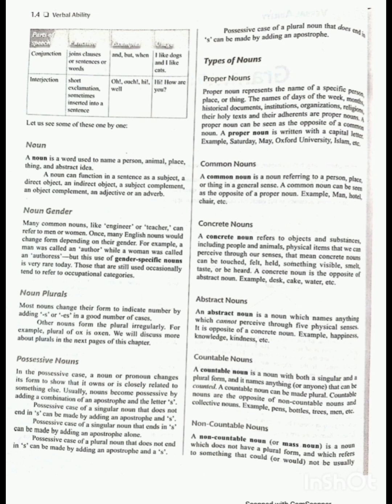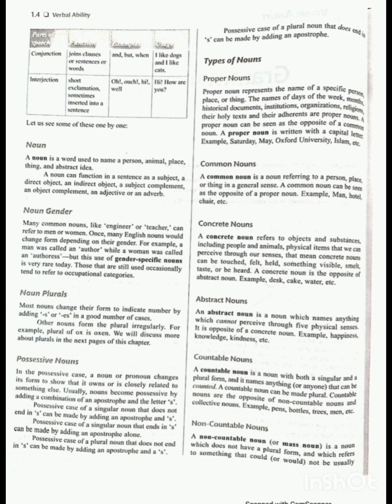Then you have the abstract noun. An abstract noun is a noun that cannot be quantified or measured in a specific number, but it can be approximately stated. Like feelings: happiness, sadness, kindness, knowledge, power. Now the next is the countable noun. What is a countable noun?